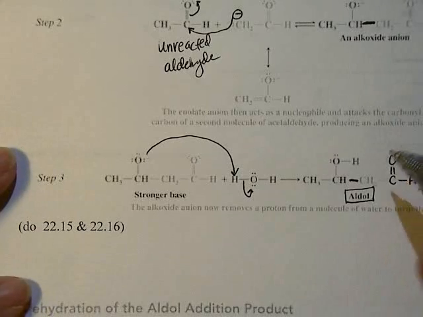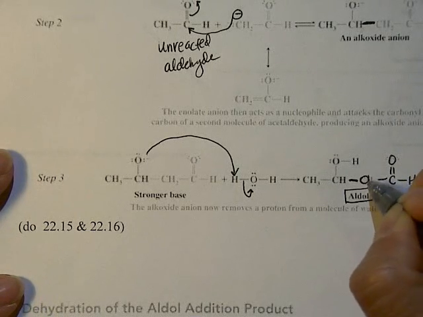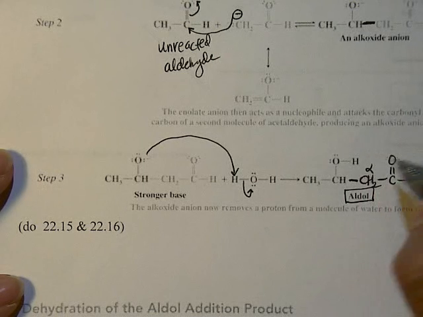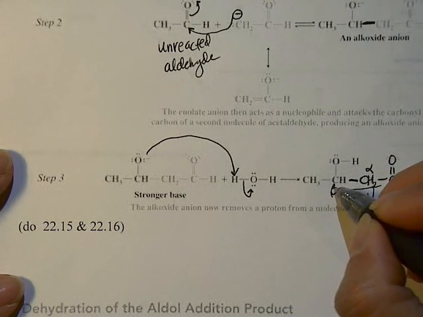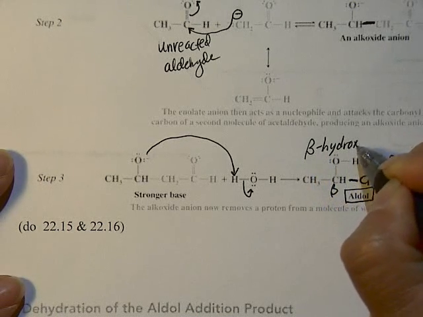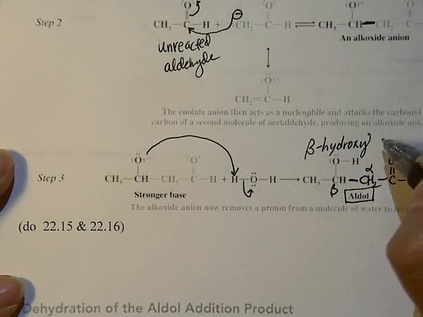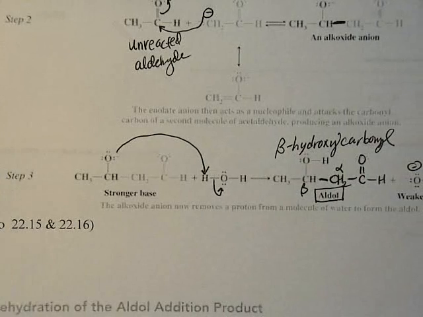The product that you get, so this carbon next to the carbonyl is the alpha carbon. And notice where the OH ends up is on the beta carbon. So a lot of times this is called a beta hydroxy carbonyl compound. That's sometimes referred to as the aldol product. All right.